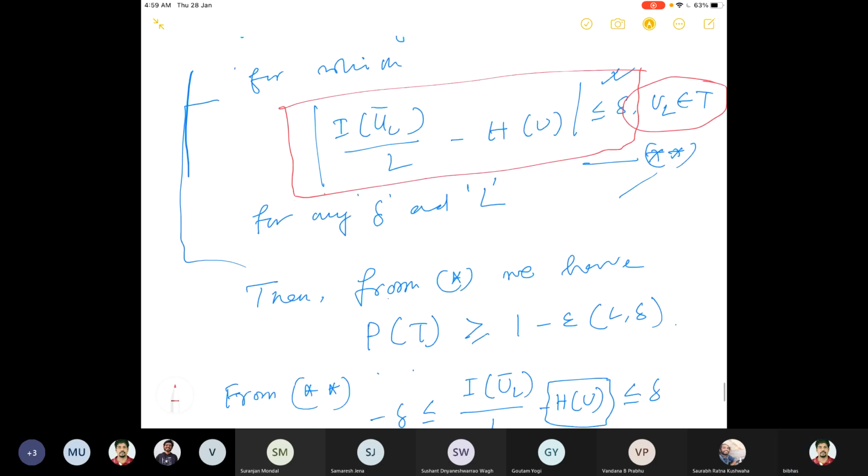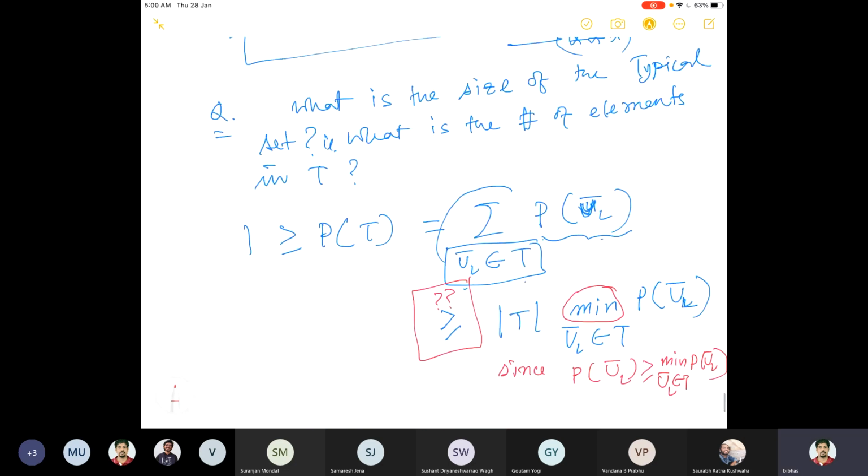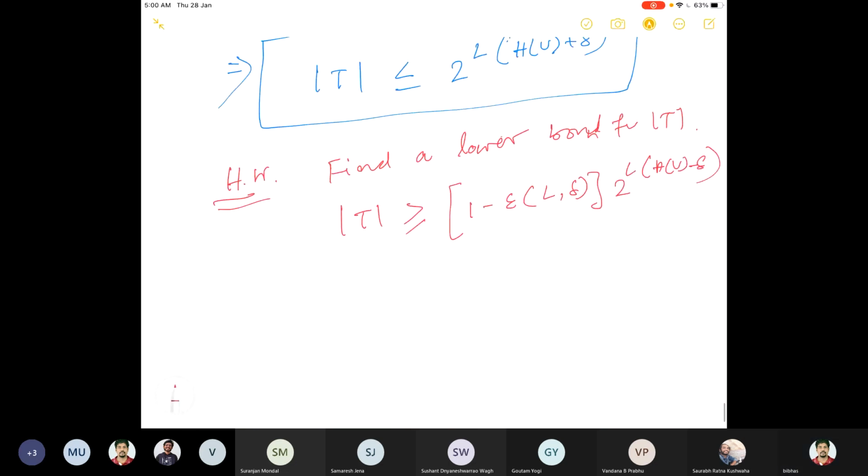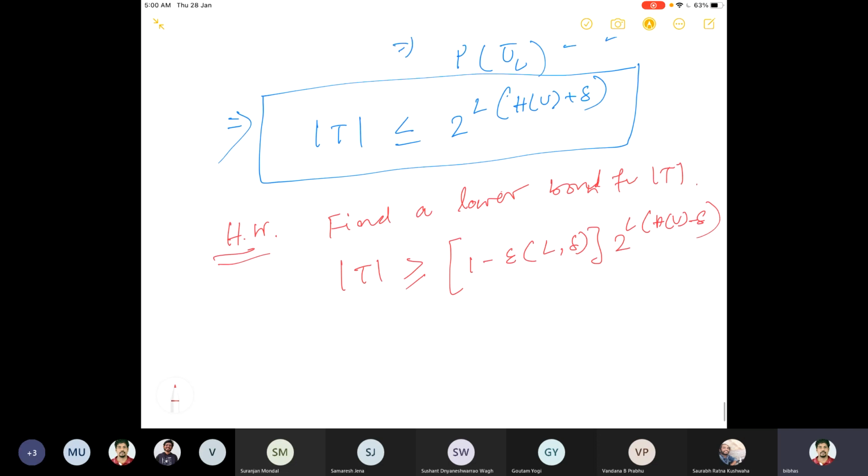Now finally, what did we get? We got a sequence of this. We said we'll fix a sequence. We will not consider all possible sequences of the source letters of some particular length L. In fact, we'll consider a typical set of sequences, which is this. And we found that the number of these sequences in the typical set is bounded above and below by these numbers.